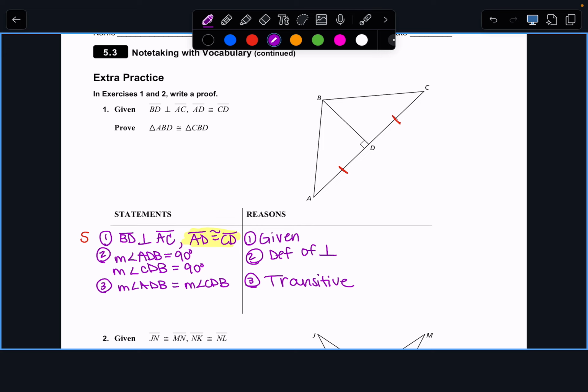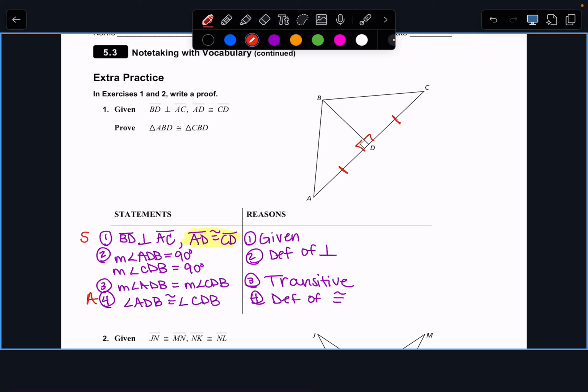Have we established two angles congruent yet? We're going to have to do the definition of congruence to actually say, oh, hey, these are congruent. All right, hey, now we have side angle.